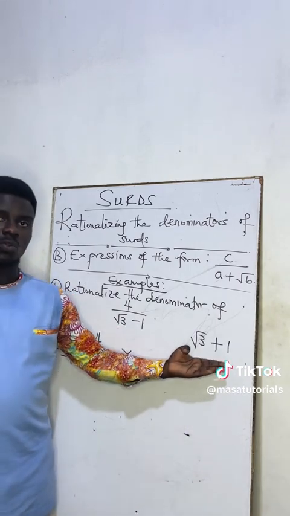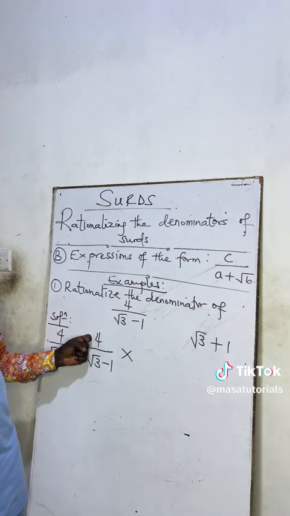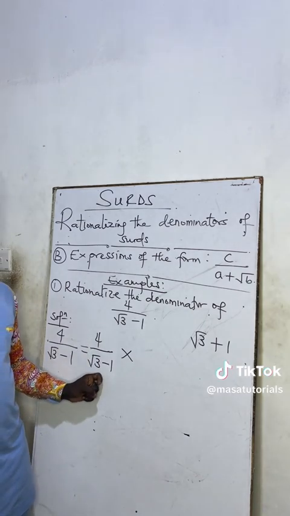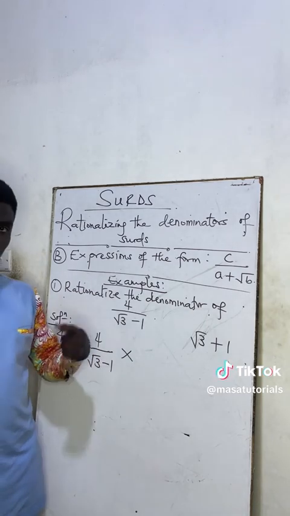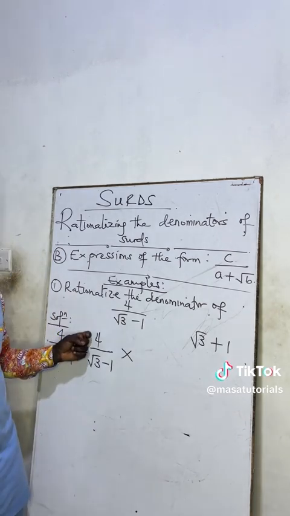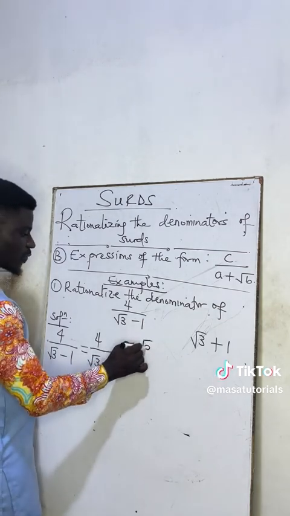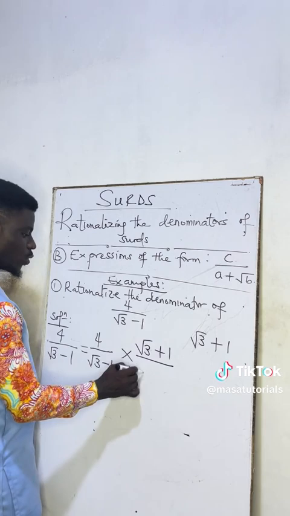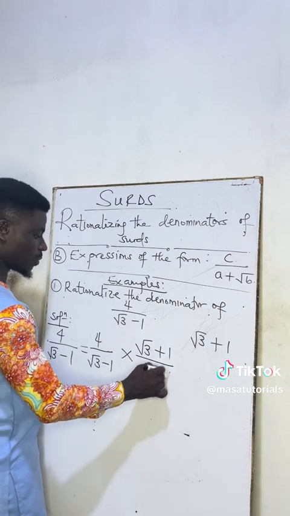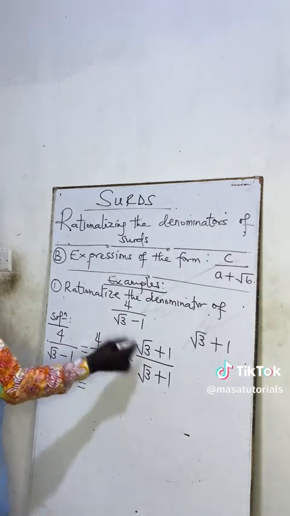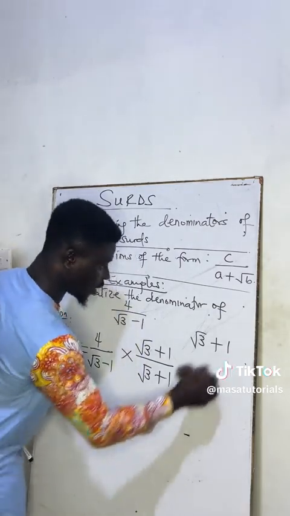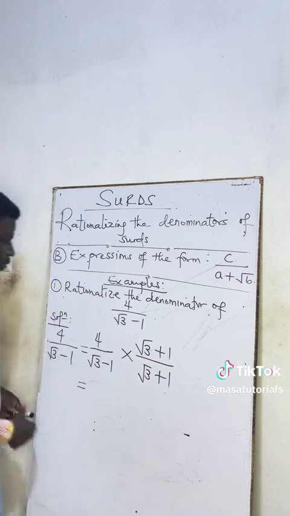Now, we use this conjugate to multiply the numerator and the denominator itself. So we have square root of 3 plus 1 all over square root of 3 plus 1. Now, this serves as multiplication of fractions.